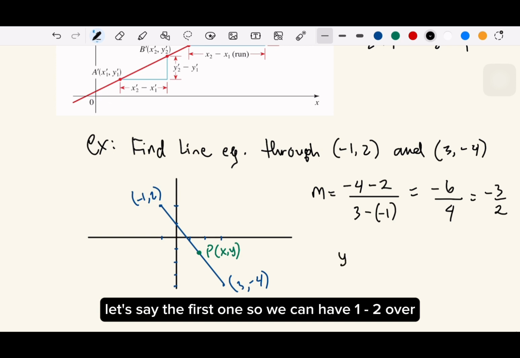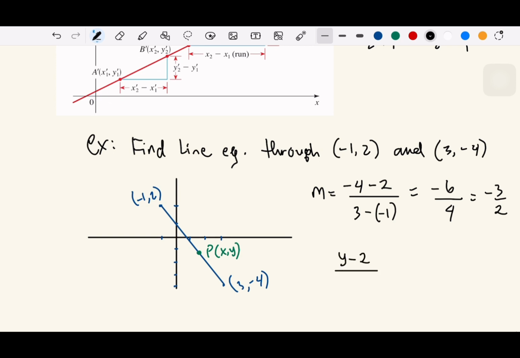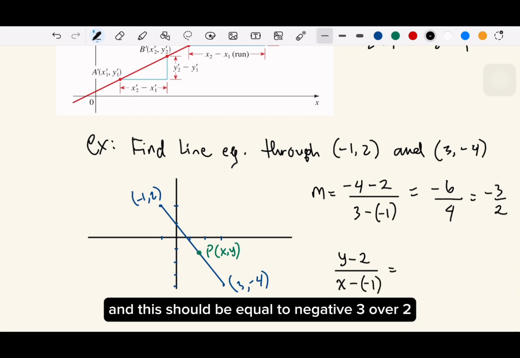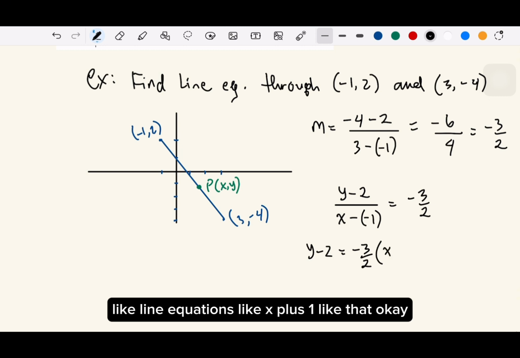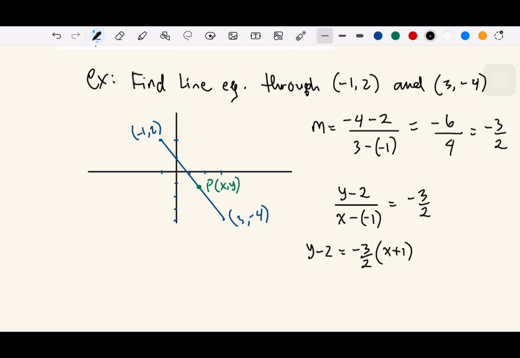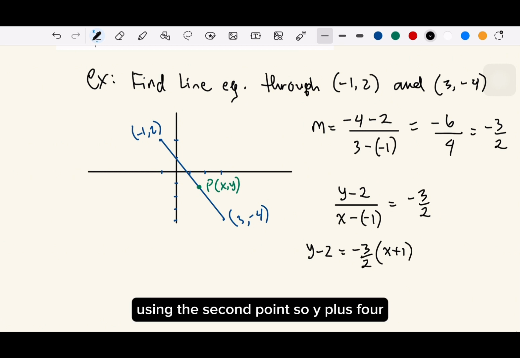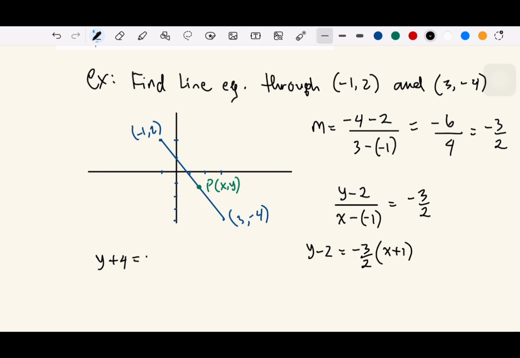So we have y minus 2 over x minus -1, and this should be equal to -3 over 2. Or we can write it using the second point, y plus 4 over x minus 3.